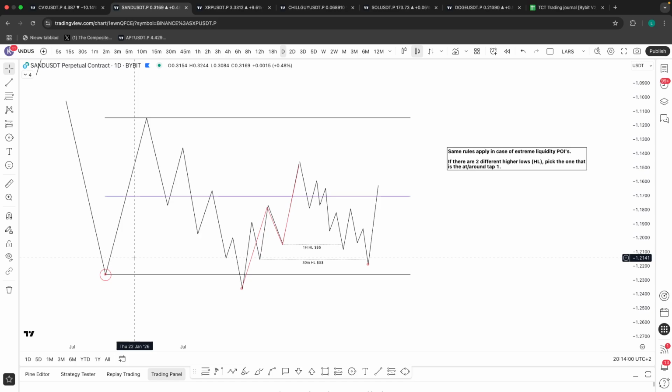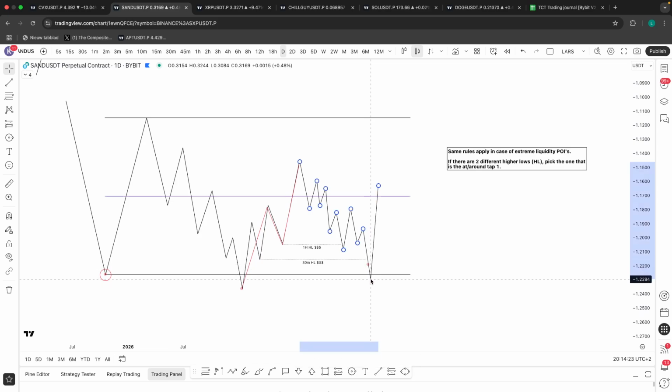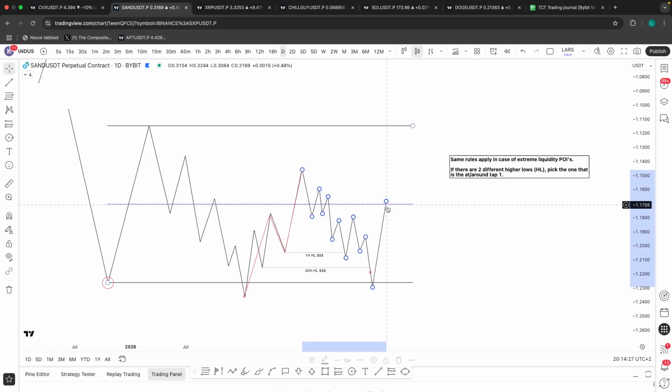So in this case, I will never use the 1 hour higher low because that is way deeper in the range right here versus the 30-minute higher low that is right there, which is closer to tab 1. It could also be that the deviation towards that 30-minute higher low is pretty steep and you grab that liquidity doing something like this. That's completely possible.